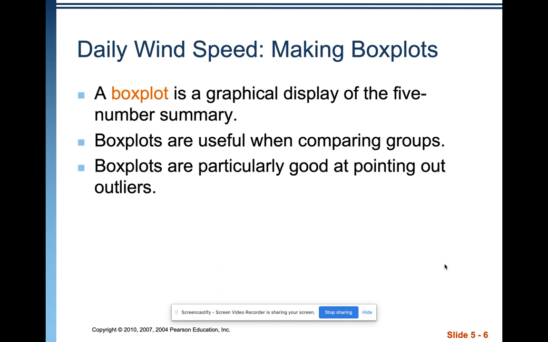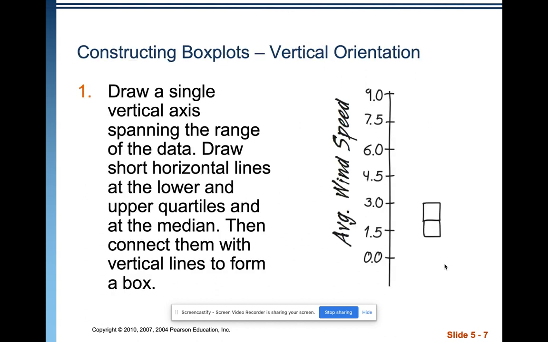So it's really nice because not only can you see the approximate values of each of the 5 numbers, but it gives you an idea of where there's more or less spread within a group and between groups. They're also really good at pointing out outliers. You can dot in the fences, and then anything that goes past that is an outlier.